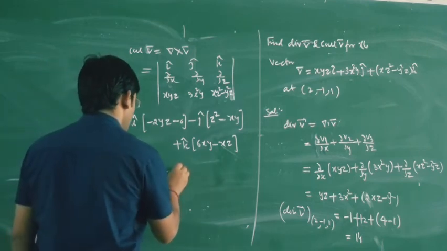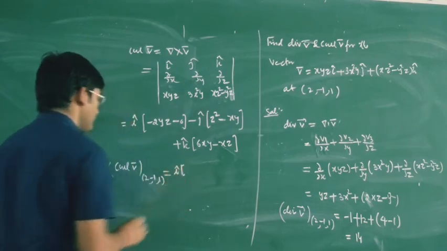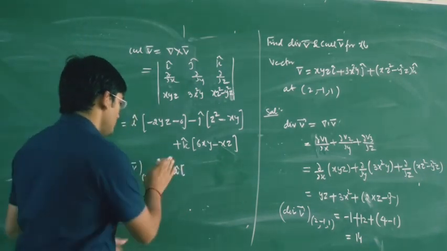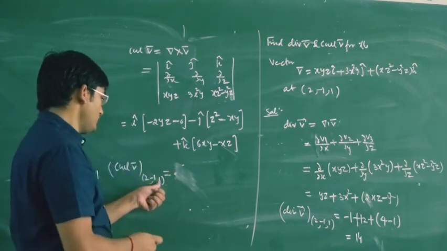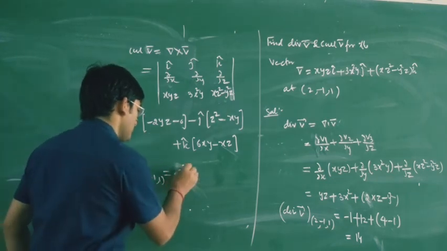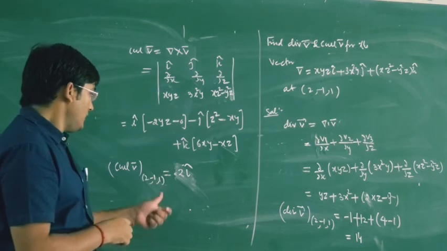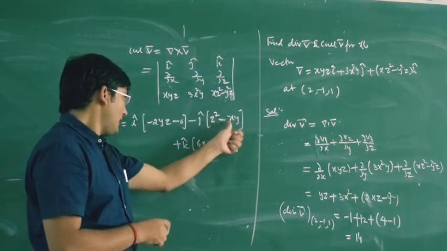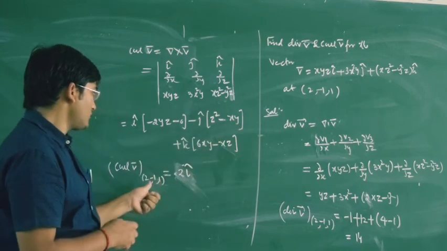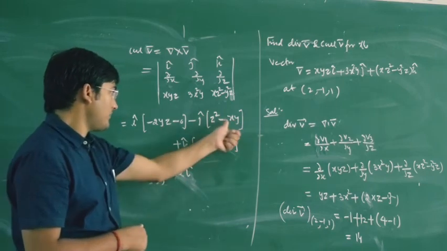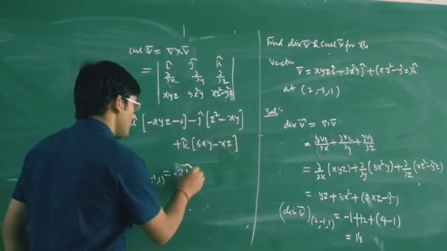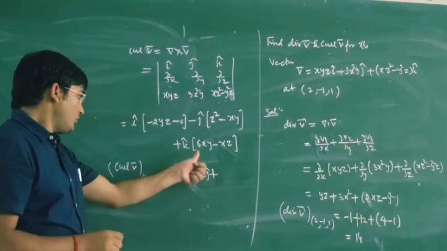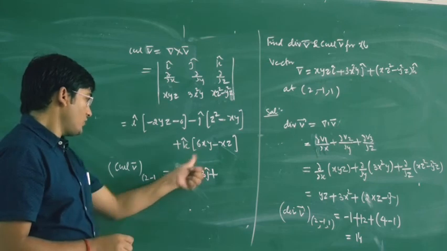So this is equal to i times, put y as minus 1 and z as 1, so this will be plus 2i. Then this will be z square, so that is 1. And x is 2, y is minus 1, so we have plus 2 plus 1. So this is 3j.